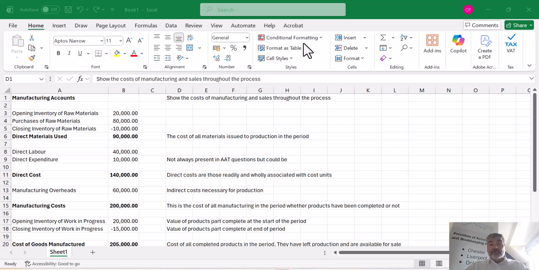We need to think about whether this organization holds inventory of raw materials, which they're likely to do.